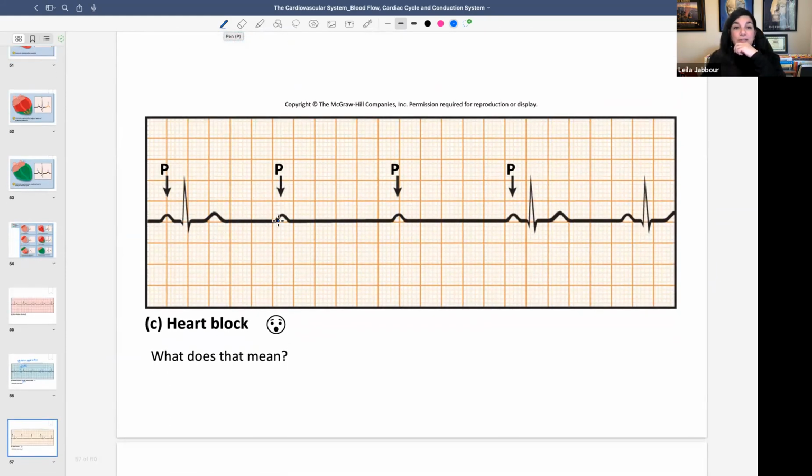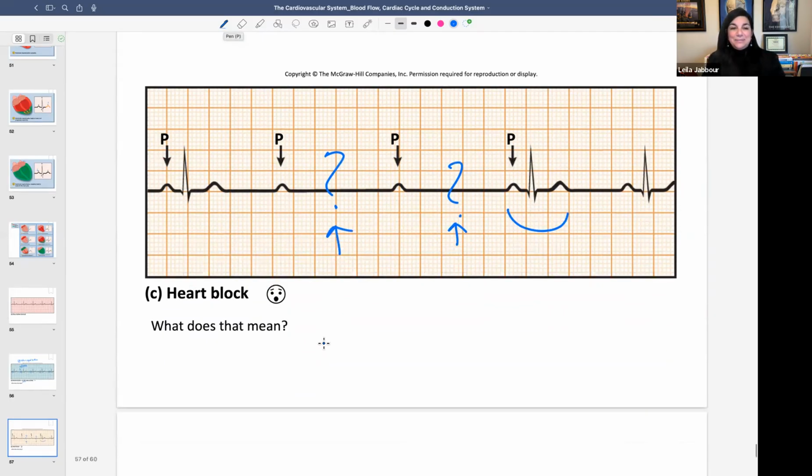Oh, we have P waves here. Where's the rest? Oh my goodness. P wave, another P wave. Okay, now we have a full one. But here we're missing something. That's called the heart block. What are we missing here? What does that mean? Try to think about that.